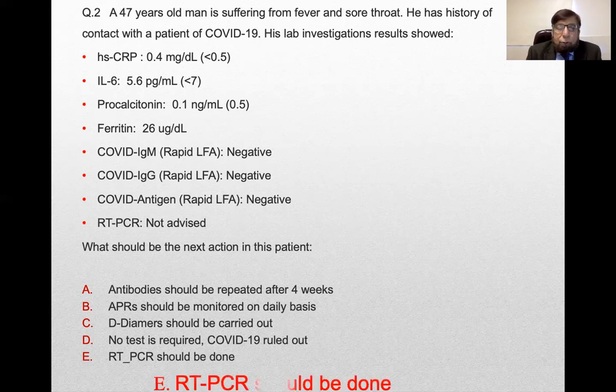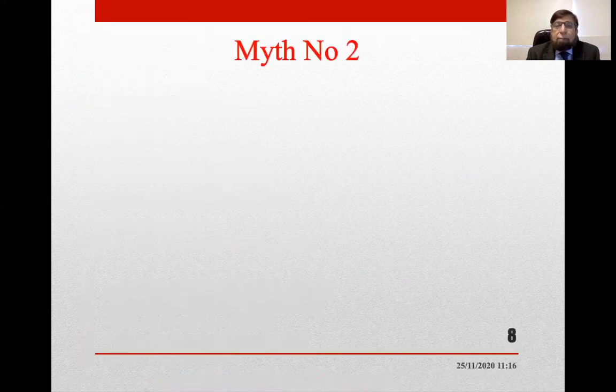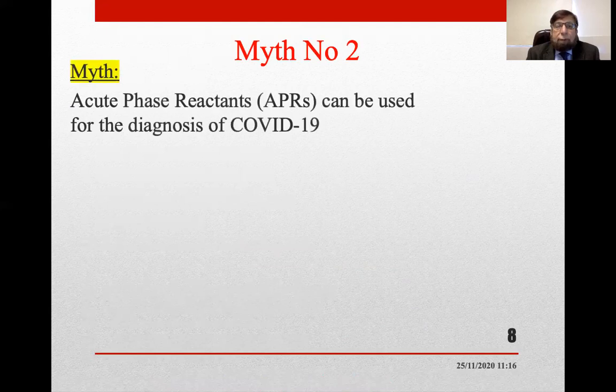Yes, RT-PCR should be done. You cannot rule out COVID-19 just by these biomarkers or by antibodies, especially if they are carried out on the lateral flow assay. If they are done on chemiluminescence, then that is a different story, but not on the rapid test. So RT-PCR should have been done in this patient. So the second myth is that acute phase reactants like HSCRP, like ferritin, tests like D-dimers, can be used for diagnosis of COVID-19.